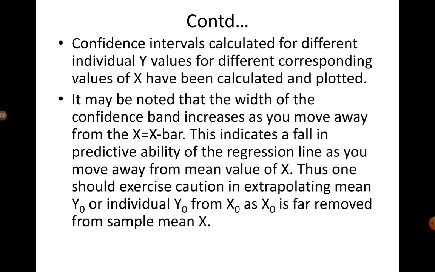This should be kept in mind every time you extrapolate or try to predict what will be the mean y naught or the individual y naught, especially if it is further and further away from the sample mean x, right?